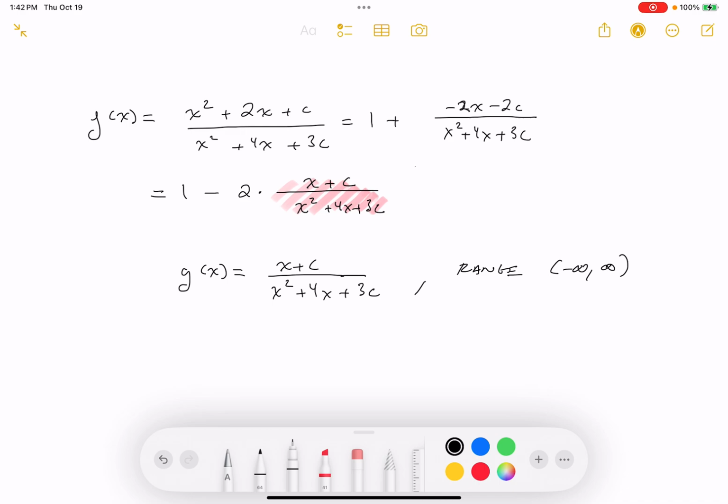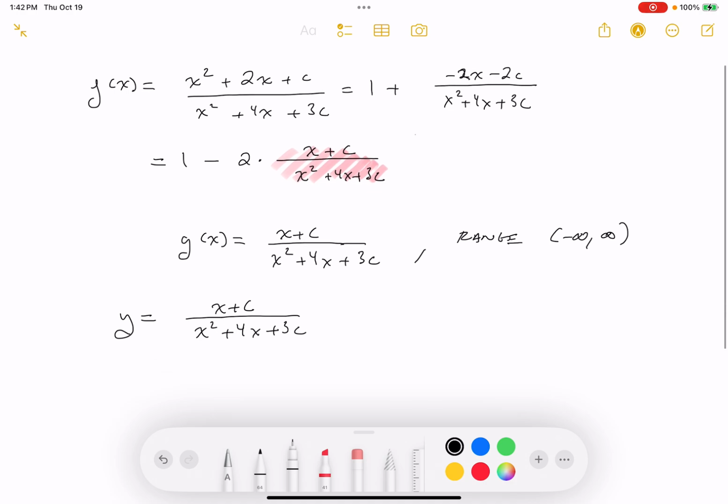So I'll write over here y equals x plus c over x squared plus 4x plus 3c, which is how we find inverses. To find the inverse, you reverse the roles between x and y. So I get x equals y plus c over y squared plus 4y plus 3c.